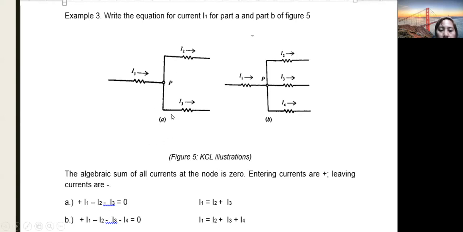So for letter A, it's positive I1 minus I2 minus I3 equals 0.